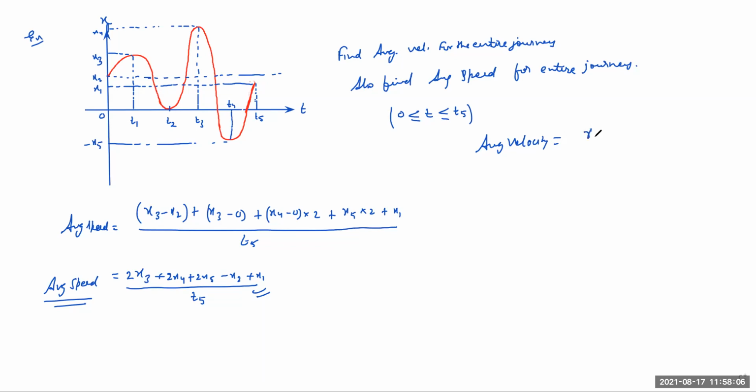It is final minus initial upon time. That's simple. So this looks like a tan theta only, and you can join the initial to the final, something like this. So you get a very small tiny triangle.